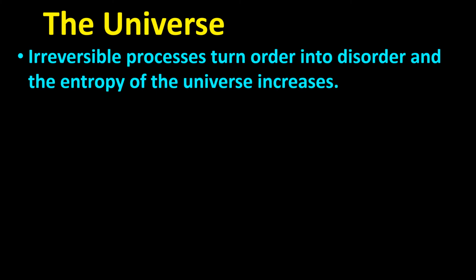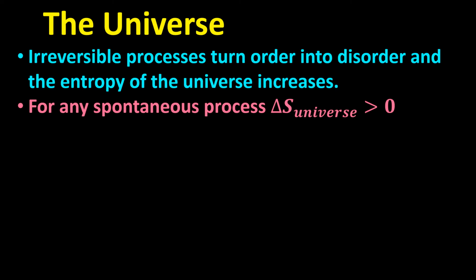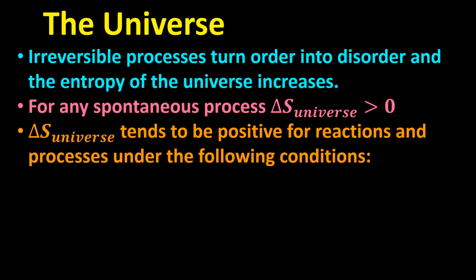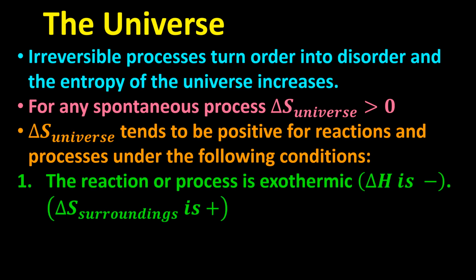Irreversible processes turn order into disorder, and the entropy of the universe increases. For any spontaneous process, delta S of the universe is greater than 0. Delta S of the universe tends to be positive for reactions and processes under the following conditions. 1.